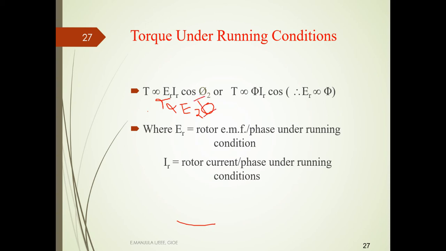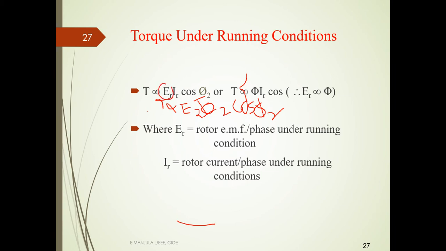So there is a difference between ER, IR, cos phi 2 and E2, I2, cos phi 2. So that is where we will get the difference when we are solving the equation.